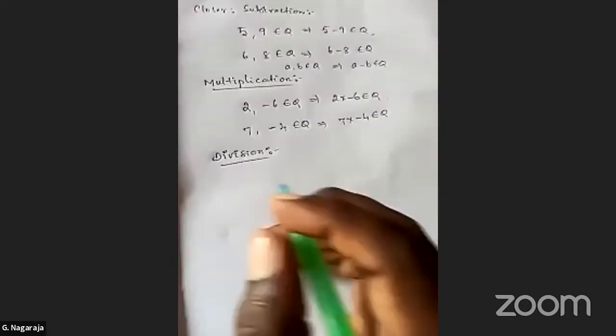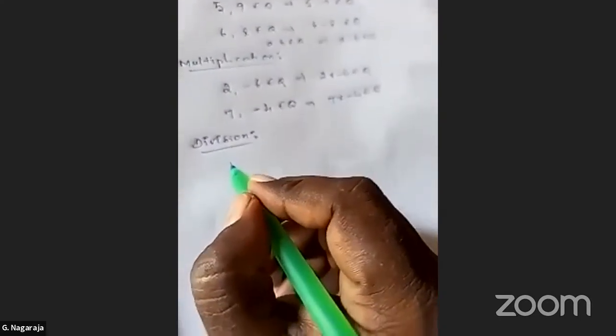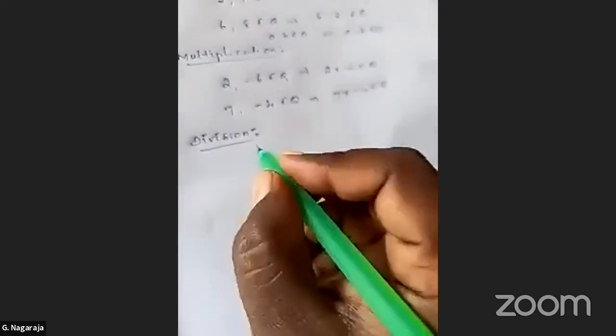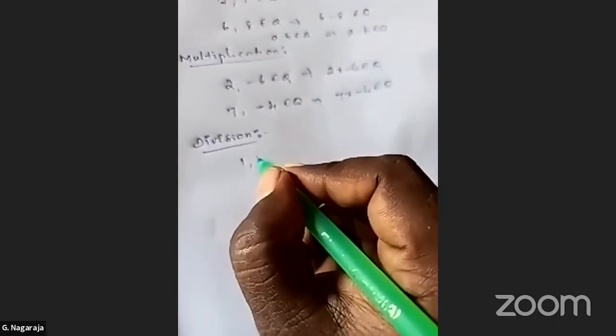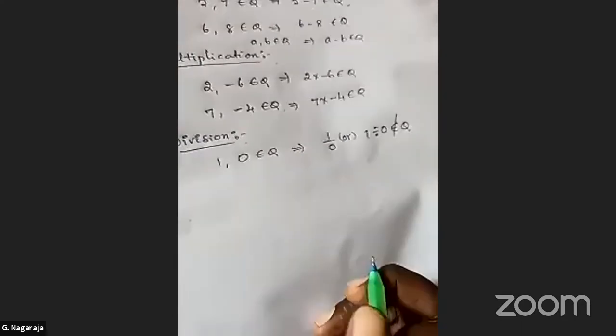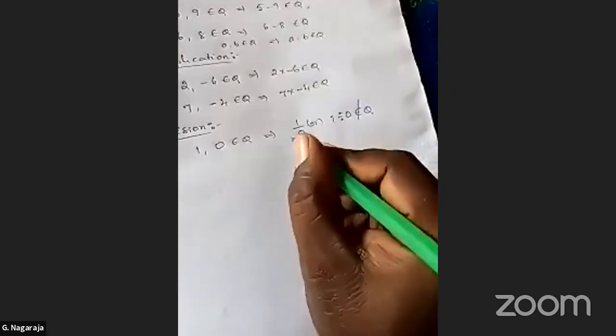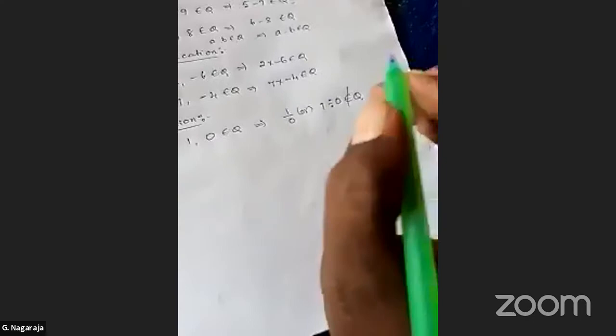Division. Here 1 comma 0 belongs to Q, but 1 divided by 0 does not belong to Q. So it is not satisfied.